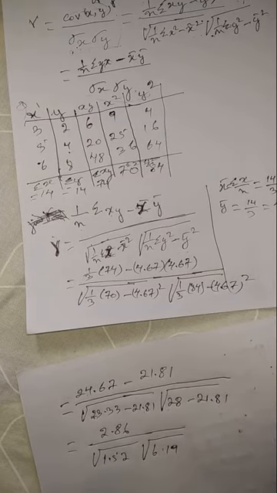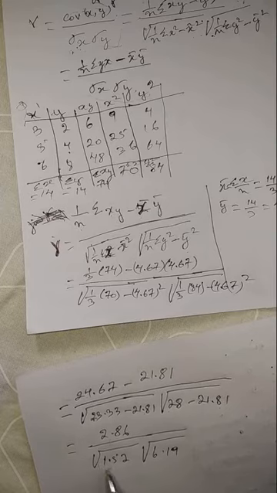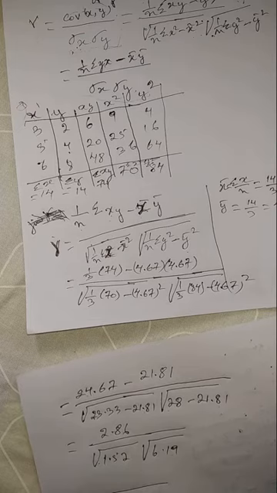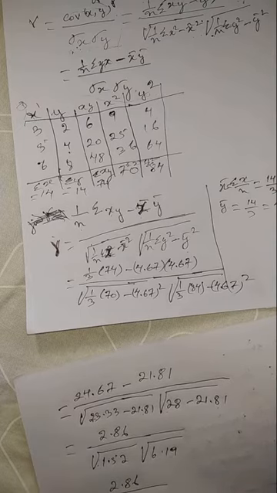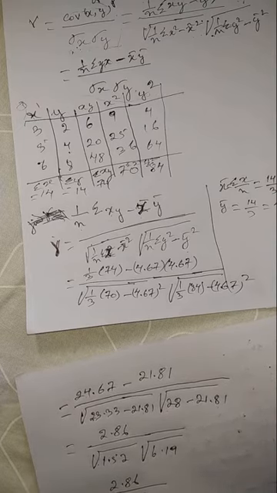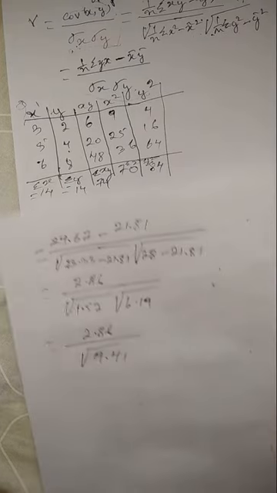Okay, 6.19. So now you multiply these two. Since they are alike, you can multiply them together, as they are both square roots. You will get 9.41.